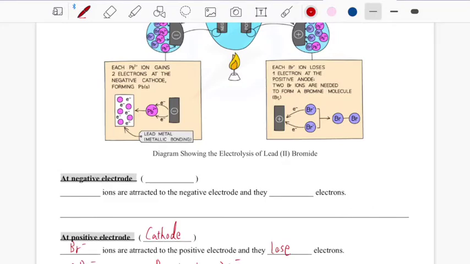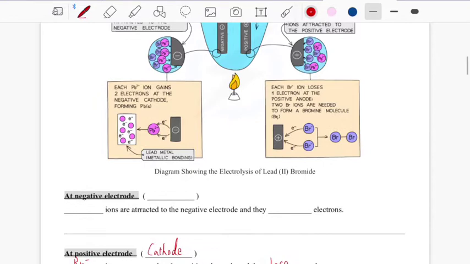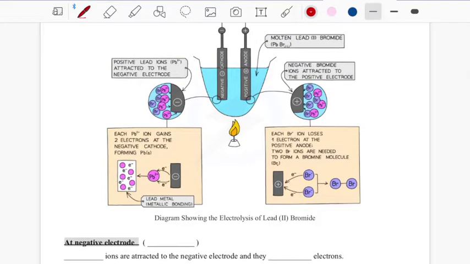So we've finished discussing what's happening at the positive electrode, and we can use the same principle to work out what's happening at the negative electrode. Since the lead(II) ion carries a positive charge, it would be attracted to the negative electrode, and at the negative electrode, it's going to gain electrons. Again, if we write the equation, it would be like this.